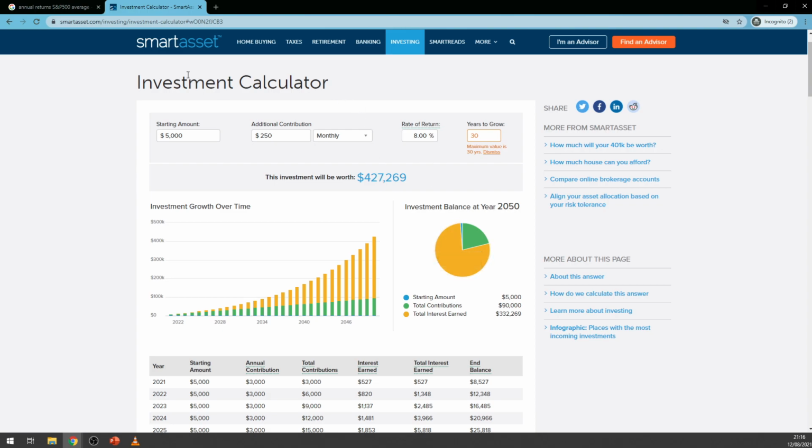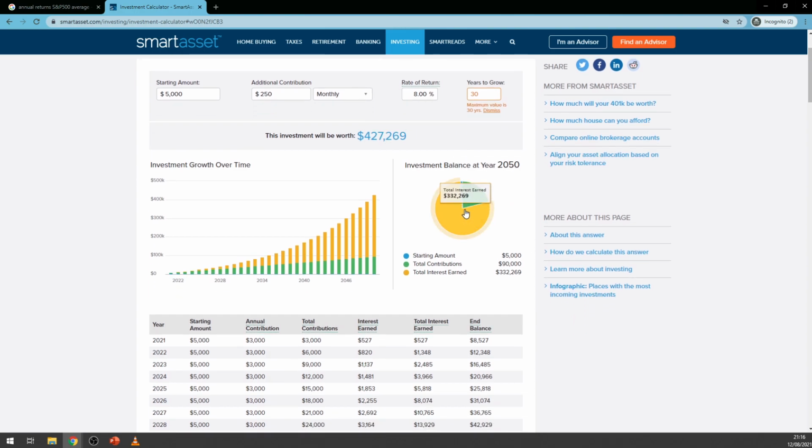And this is based upon an average of 8%, which is based upon the last 60, 80 years of what the S&P 500 is capable of performing. So we see how little we've actually contributed in comparison with the money that we've gained. And that's mainly because of the time span. 30 years is quite long.